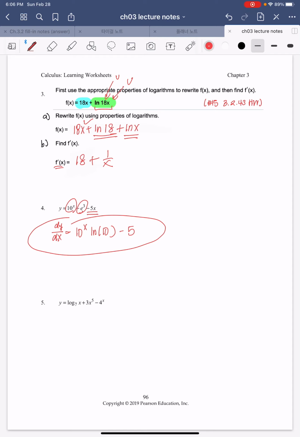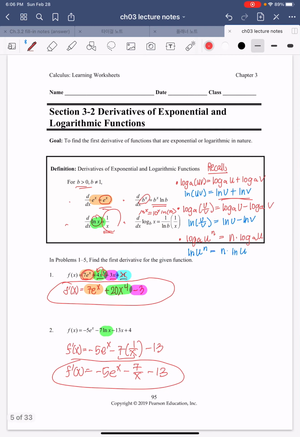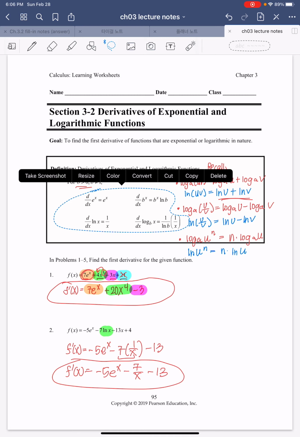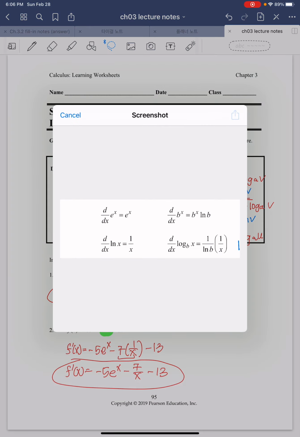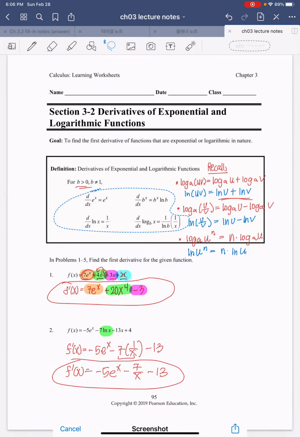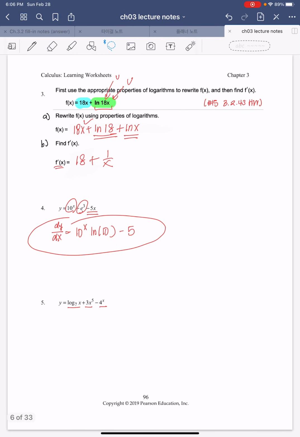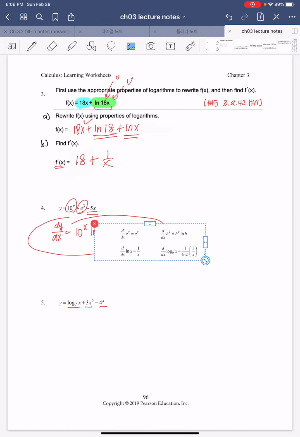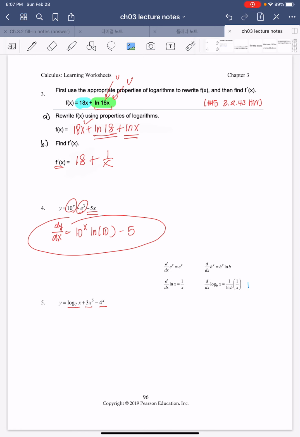One more. Let's take a look. I have 3 terms. Let's see if we can use any of these rules. It's easier for me to have these rules in front of me, so I'm going to copy and paste them onto the next page. So let's see if I can use this one.